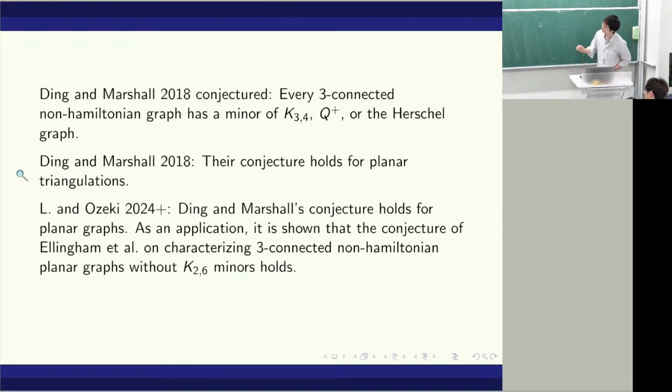Then last year, Ozeki and I proved that this conjecture holds for planar graphs. And I think it is interesting to note that our proof does not use any computer.